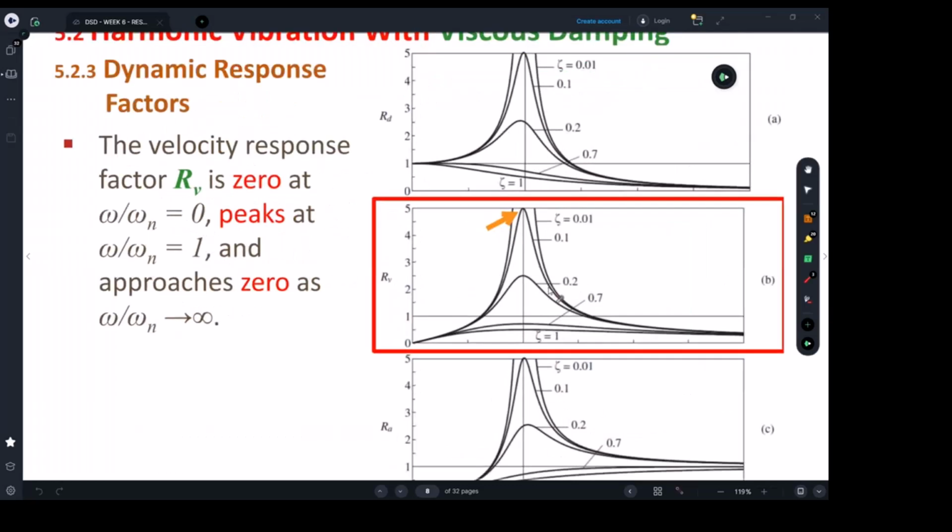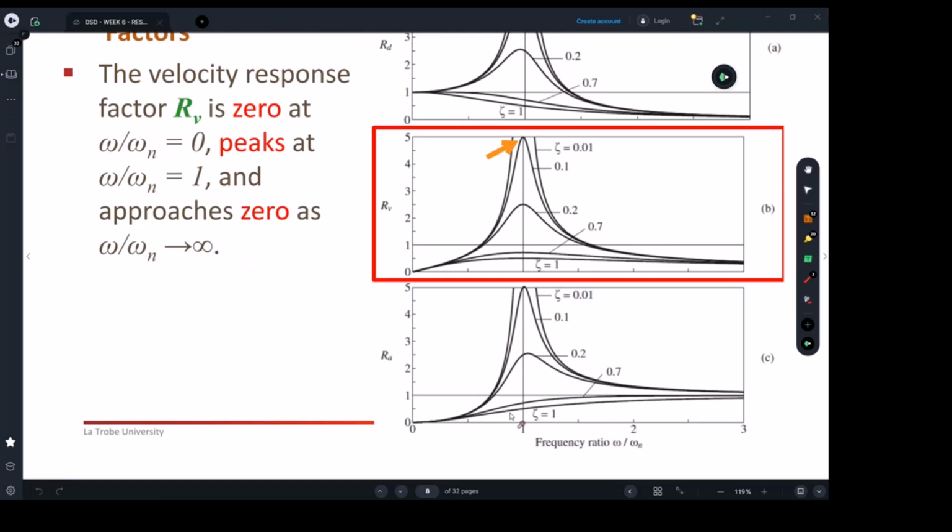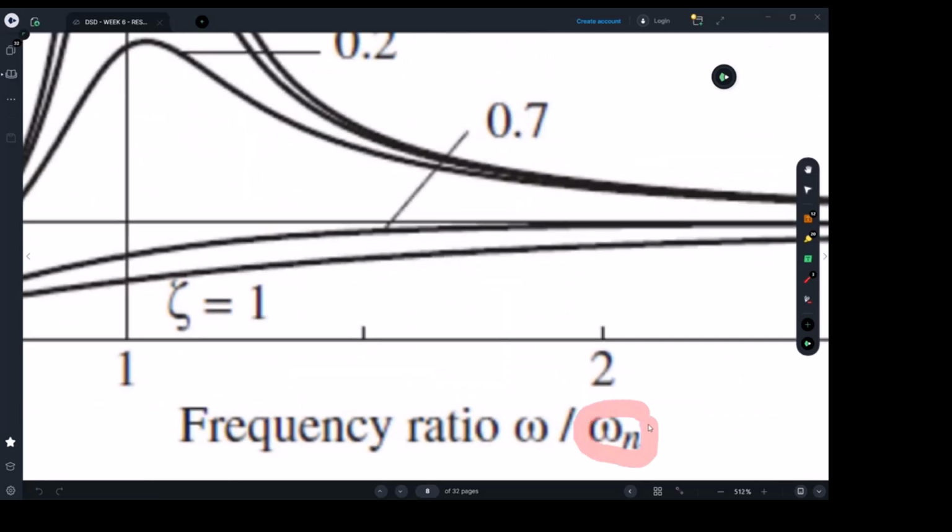On the other side, talking about the velocity side, where we have the velocity response factor, RV, things will be slightly different. The RV value will be 0 when the frequency ratio is 0. When there is no forcing frequency, always think about the practical, the real behavior. We're always going to have a value for the natural frequency, you agree?